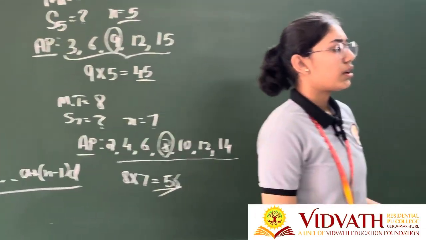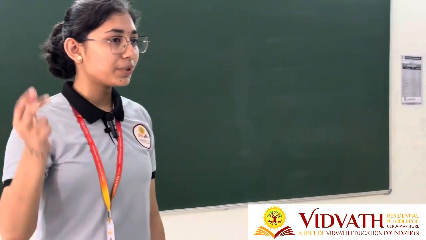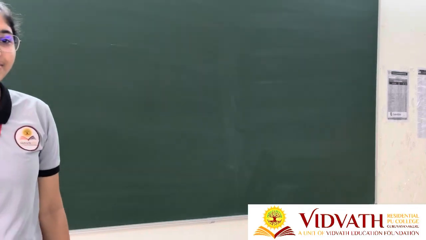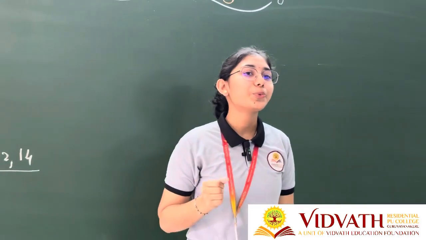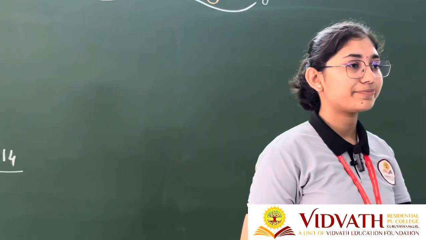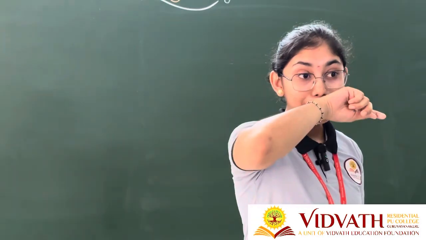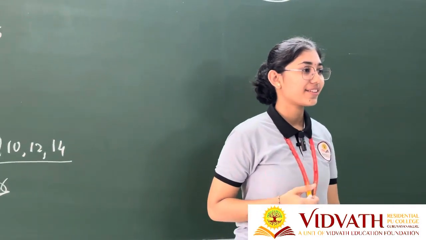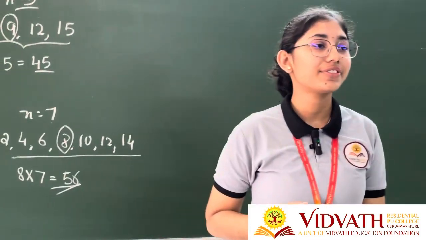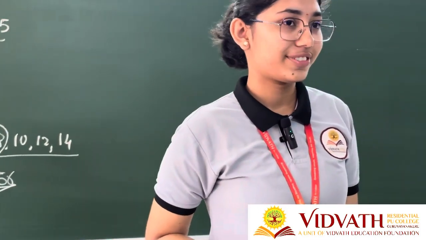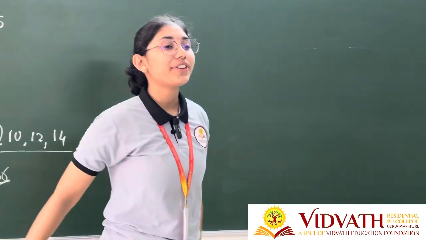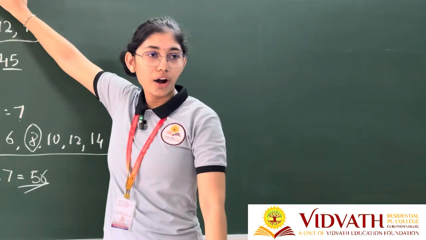Now, did you get something on your mind? What would be the next thing I'm going to tell? Yes, sum of n terms. I told what about the odd, right?